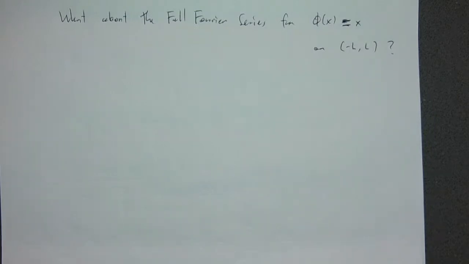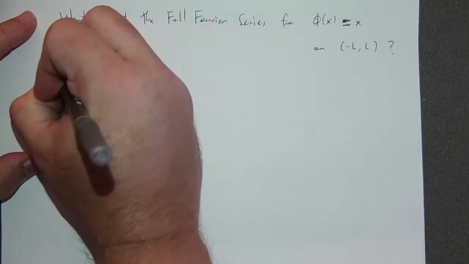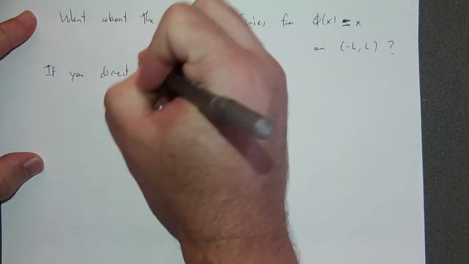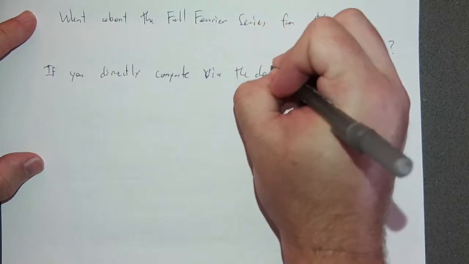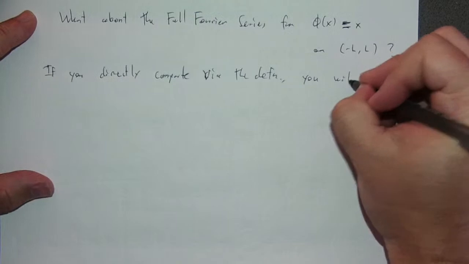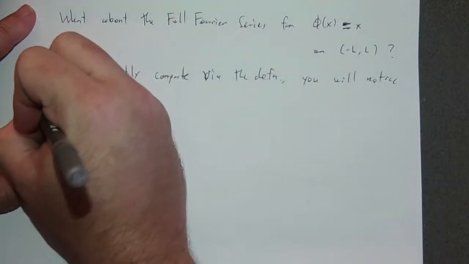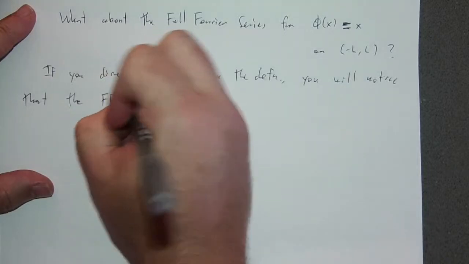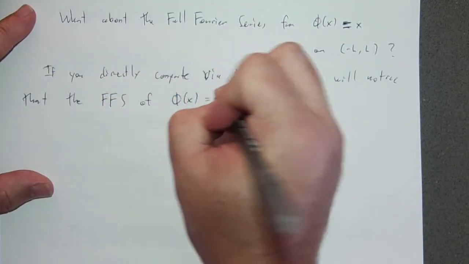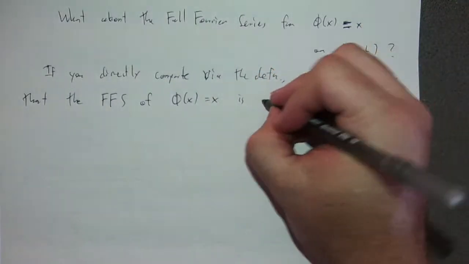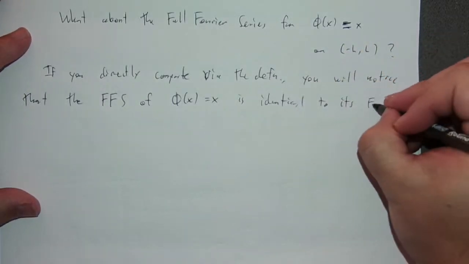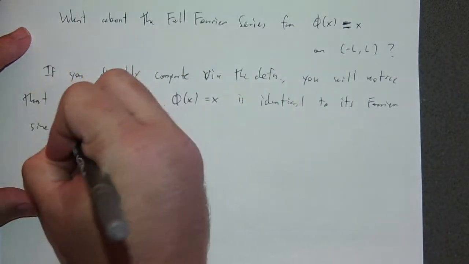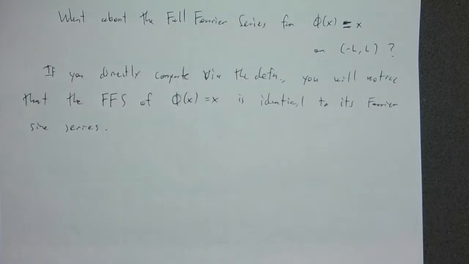And if you do that, you will notice that the full Fourier series of phi of x equals x is identical to its Fourier sine series. Maybe put an exclamation mark on that.